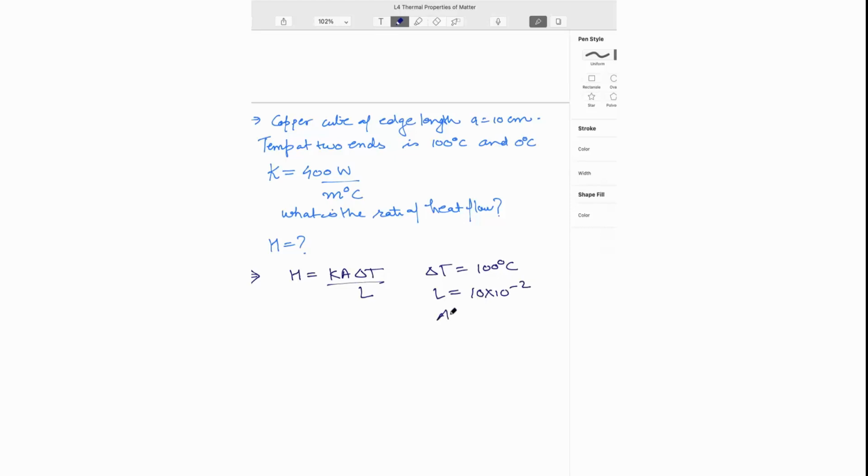Area of cross section is nothing but the square of this, 10 into 10 to the minus 2 square. K we know that is 400. So everything we know, just substituted and we found it to be 4000 joule per second. Okay.